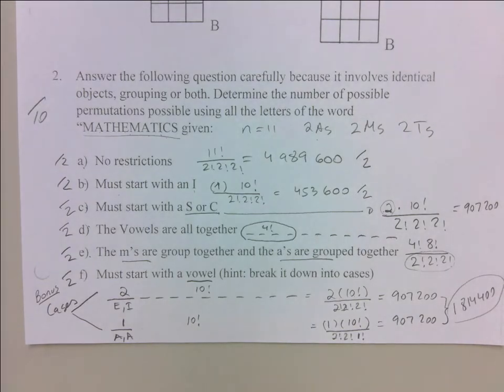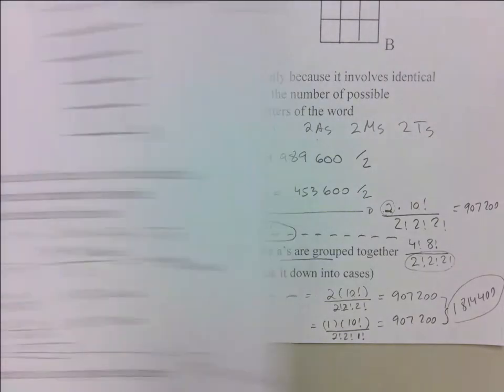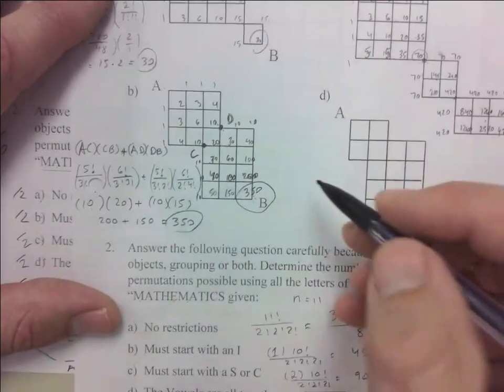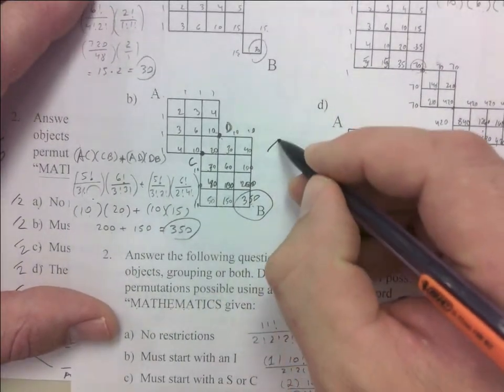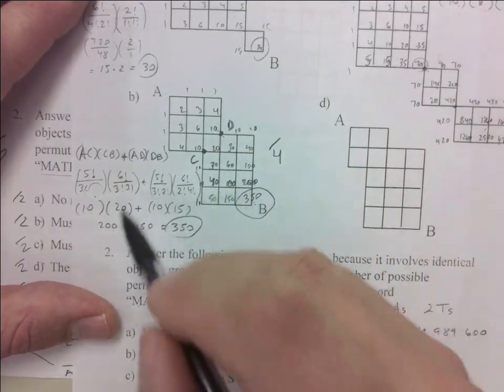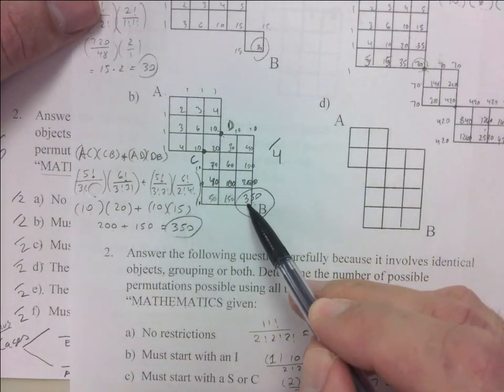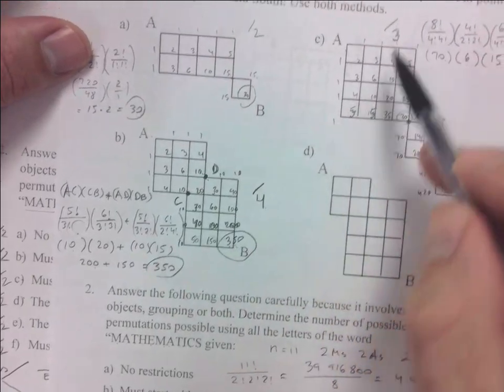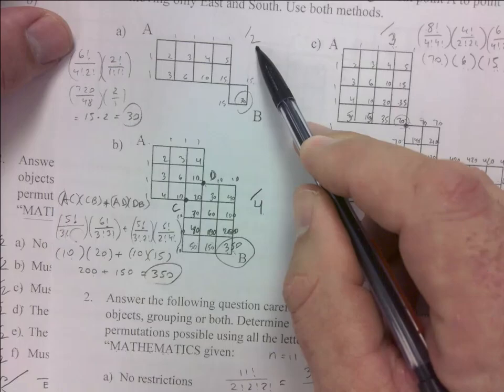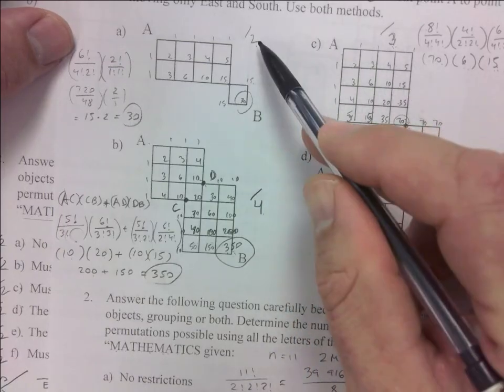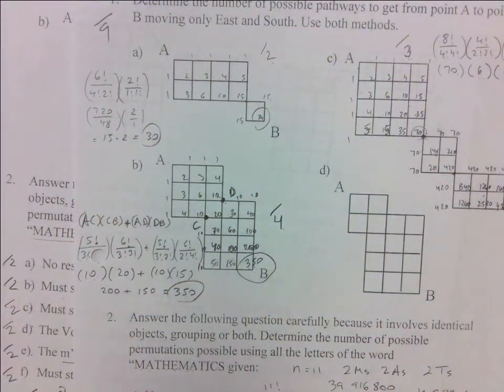And I'll go back to question 1 because I forgot to assign marks to B. I will give this one 4 marks because the OR, in my opinion, has an extra layer. Okay, so 4 marks for getting the 350, 3 marks for C, and 2 marks for A. So that makes it 9. 9 and 10, that's 19.